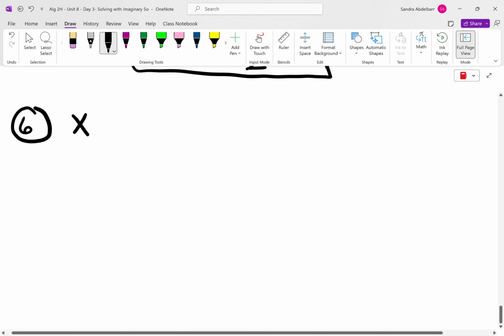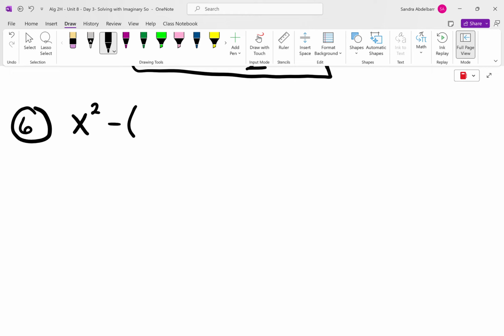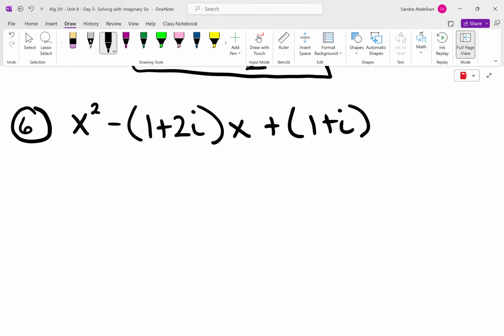All right, I'm going to make it look pretty intimidating now, but it's not that bad. What's the criteria to use the quadratic formula?